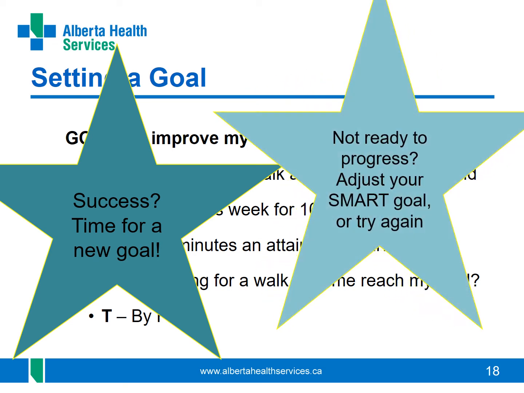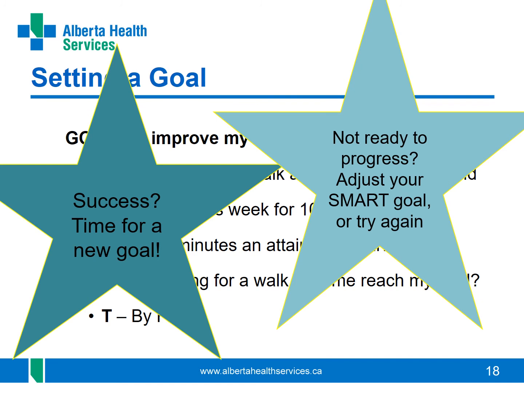Now, a common outcome is that we did not achieve our goal, and that is okay. That doesn't mean you're a failure. What it means is you just need to adjust your SMART goal or make it smarter. So maybe the issue was that after dinner I was too tired, and so I changed it to before dinner. Maybe the issue was 10 minutes was just way too difficult, and I need to change it to 8 minutes.